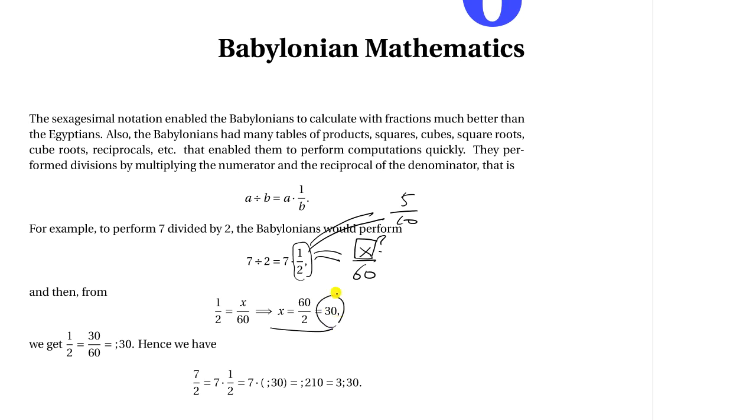And remember, they have symbols from 1 to 59, so they have a symbol for 30. This is not a problem for them. So they could figure out 1 half is equal to 30 of 60. And once again, this is between 0 and 1, so after the semicolon, they just put the symbol for 30 there.